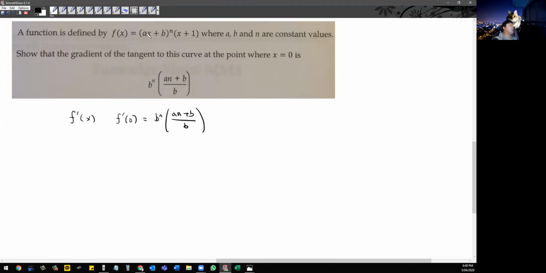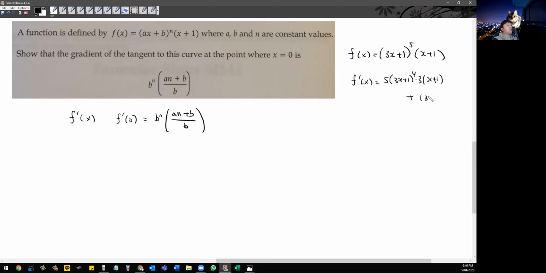Okay, so if it was just f of x is equal to, for example, 3x plus 1 to the power of 5 and then x plus 1, do you know how to differentiate? Yes, I do. So you just got to do 5 bracket 3x plus 1 to the power of 4 times by 3 bracket x plus 1 plus, I'm just using the product rule, and then you just got to differentiate that times by this.